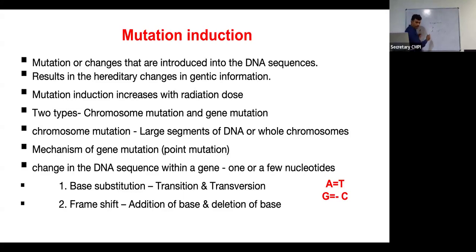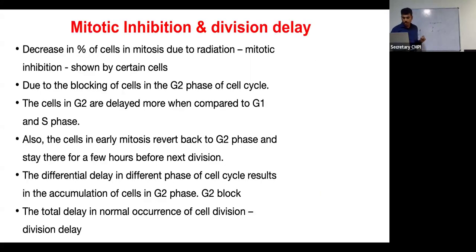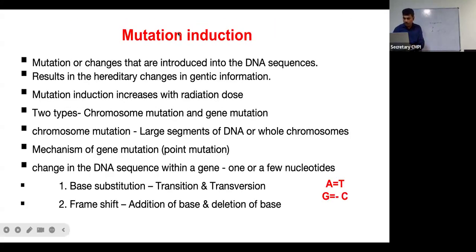Adenine and thymine are linked with 2 hydrogen bonds, and guanine and cytosine are linked with three hydrogen bonds. So for the transition, a purine gets replaced with another purine. That means adenine is replaced with guanine. Both are purines. It should never happen, but because of mutation, A-G bonds, that is called a transition.